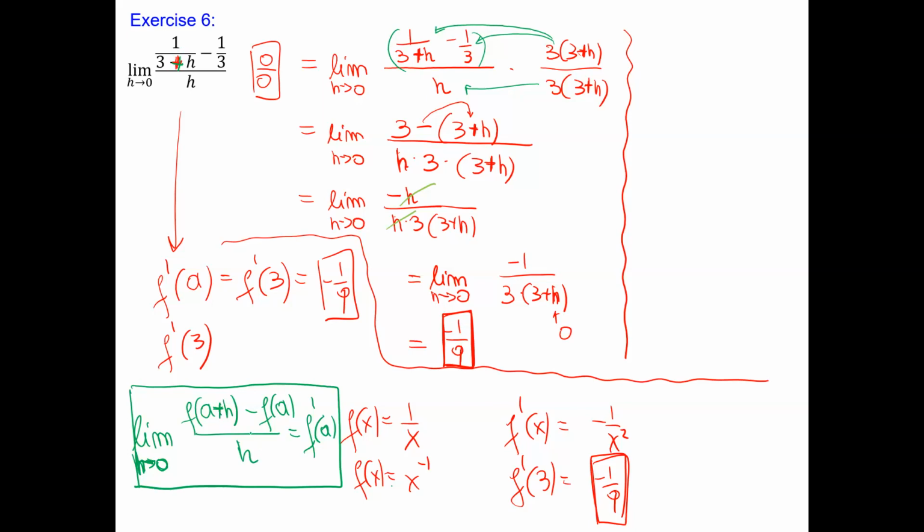This is a definition. That means you can even think this way: if the function is 1 over x, to evaluate 1 over x at 3 plus h, we will put 1 over 3 plus h, minus f of 3, 1 over 3. Okay, just to know this. But of course, this was a typo because my intention was to actually see the derivative of the function 1 over x.